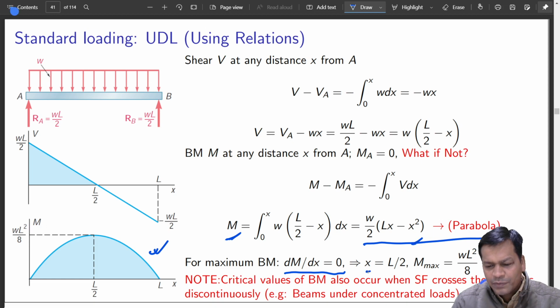That gives x equal to L by 2, and by symmetry also this should be the maximum bending moment. So maximum bending moment is equal to W L square by 8. Okay, yes please.